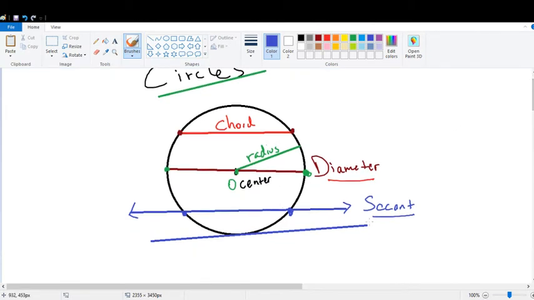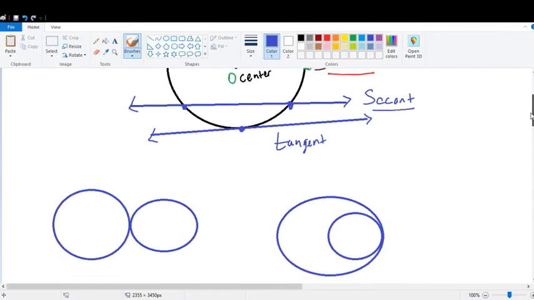If we have a line that intersects the circle at one location only, one location, we call this a tangent. All right, a few terms to consider. This is the introduction to basically circles and the unit on circles.